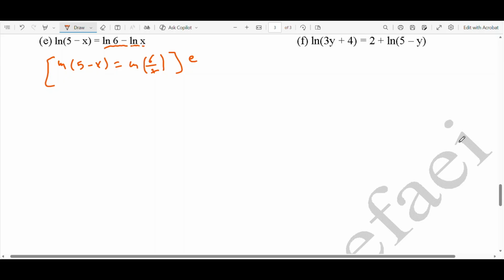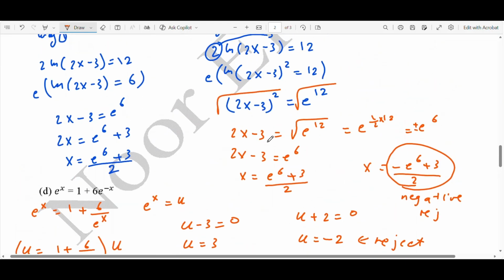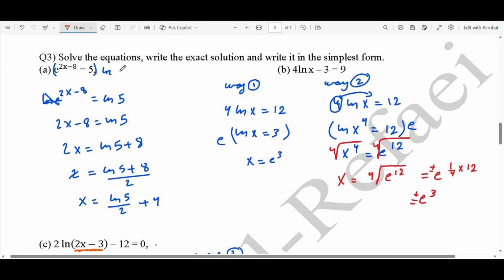Let's go back. I multiplied by ln, and same for ln. One term left of the equivalency, one term right.